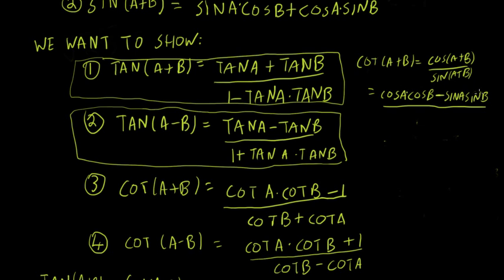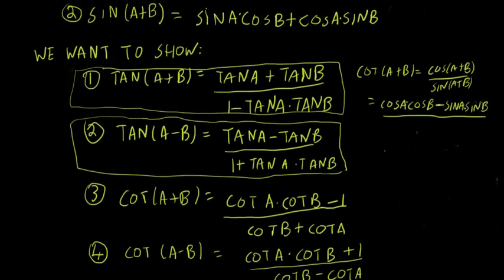And this cosine of a and cosine b and sine a, sine b are multiplied. Sine of a sum, sine of a plus b, is sine of a cosine of b plus cosine of a times the sine of b.